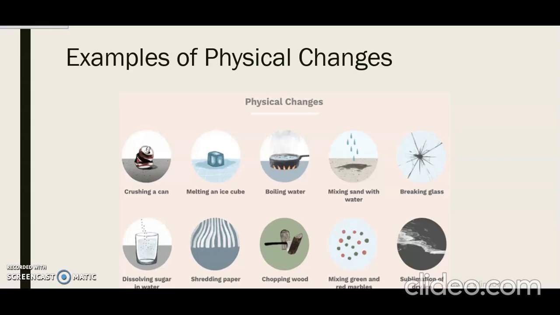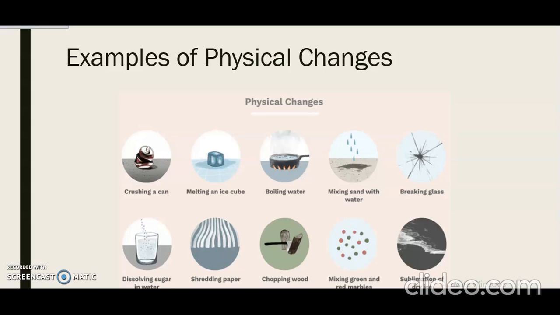It's where when you do something and a change occurs, the physical property remains the same and no new substances are formed. Melting an ice cube, boiling water, mixing sand with water, breaking glass, dissolving sugar in water, shredding paper, chopping wood, mixing green and red marbles, sublimation of dry ice.